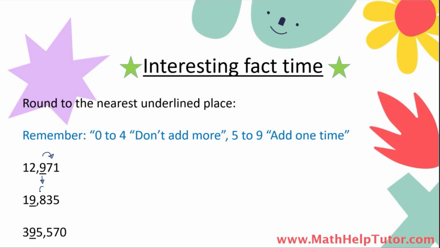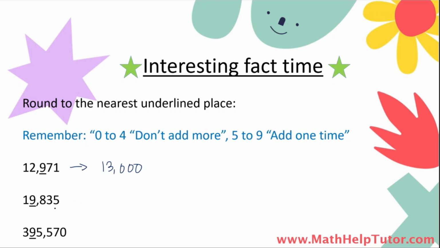But again, there's a rule that if our digit exceeds 9, then we have to go back to 0 and then add 1 to the digit to the left, which makes this 3. And then we just copy the rest of the digits to its left. And we convert the rest of the digits to the right into zeros. So the answer to rounding 12,971 to the nearest hundreds is 13,000.